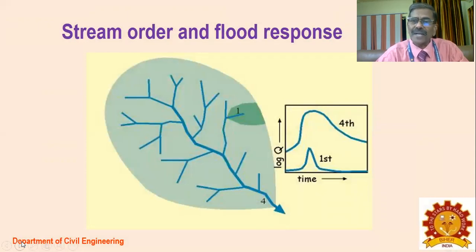Stream order and flood response. That is when there is a catchment area. When rain falls on that, obviously it attracts some of the water, and it is channelized and sent to the river. When the spreading is uniform, then there are variations in the flow of water in the river. For example, in this case, the water reaching from the other places will reach here, then from here it will go here.